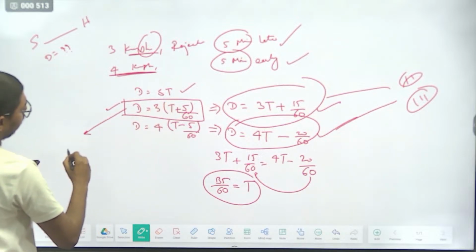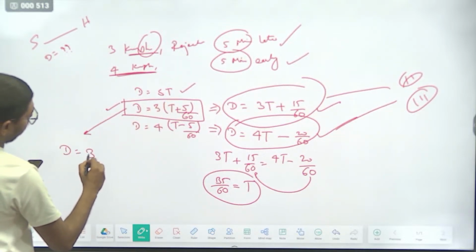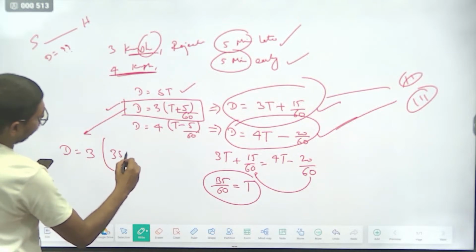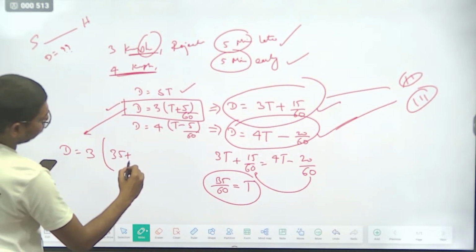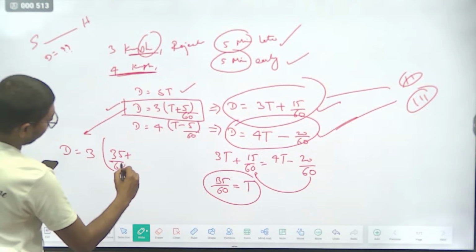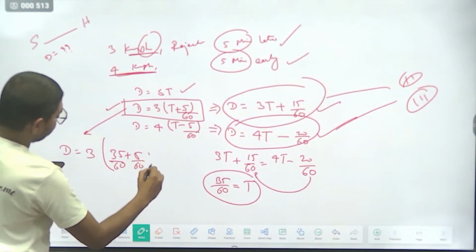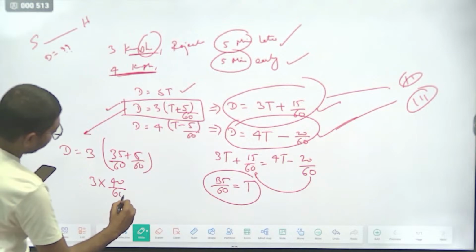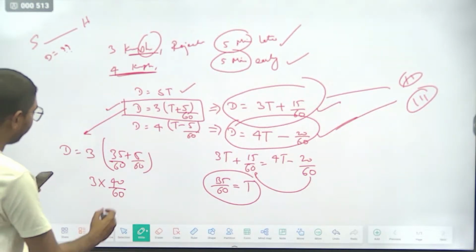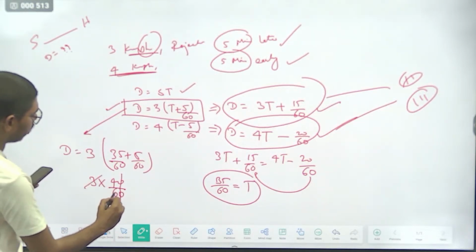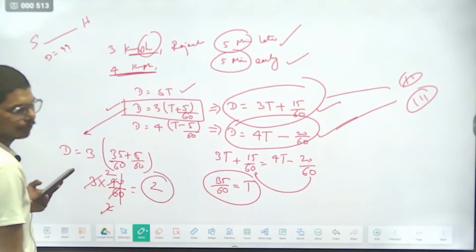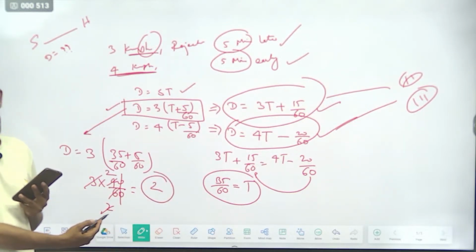D is equal to 3 into T plus 5 by 60, so 3 into 40 by 60. This one gone, this one gone, 2, 2 gone. How much is that? 2.